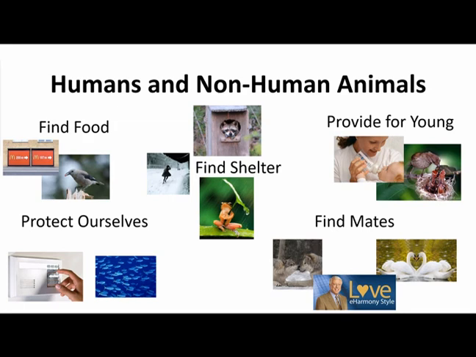The methods for going about this are all going to be very different, but even between animal species, between frogs and raccoons, you're going to find shelter in different ways. You're going to find food in different ways.